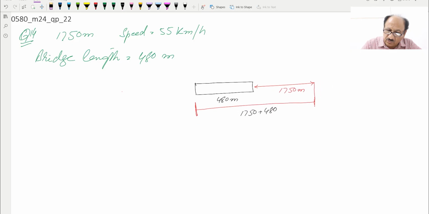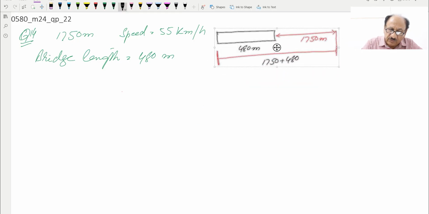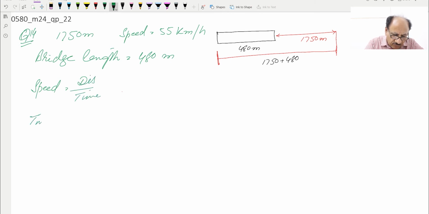Hopefully you understood this. By the help of drawing, I tried to explain it to you. Now we need to find the time. We know speed is equal to distance over time, so time will be equal to distance divided by speed. This will be the formula which we will be using, and distance is in meters.